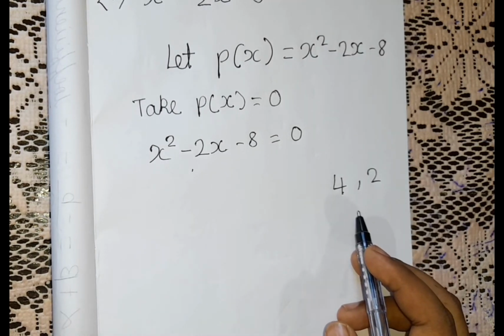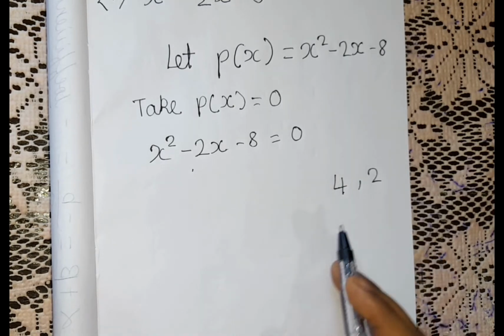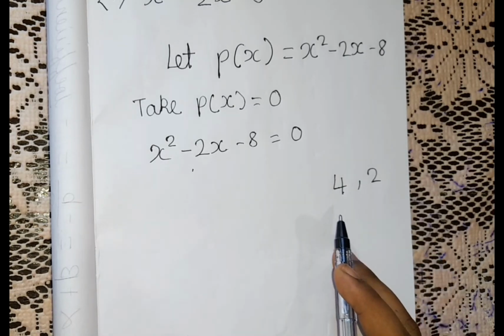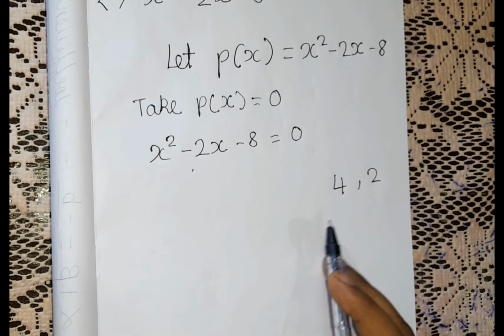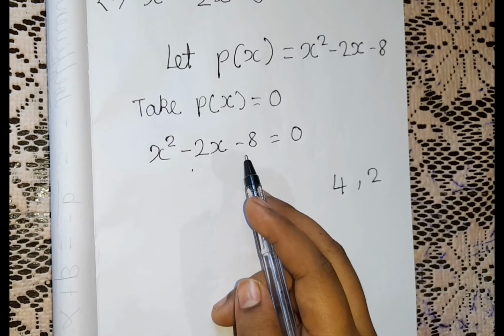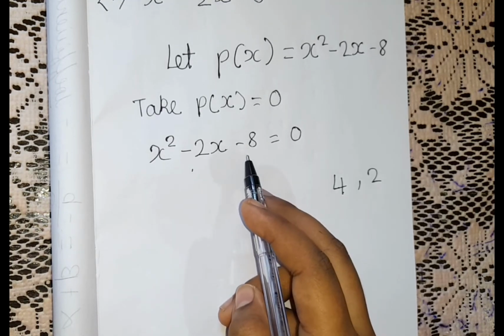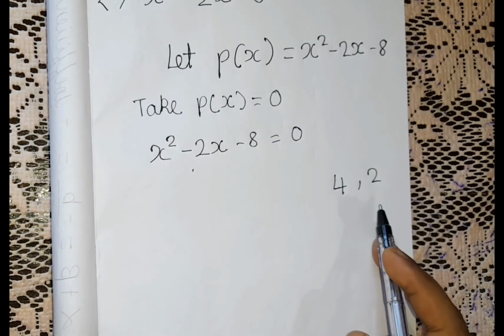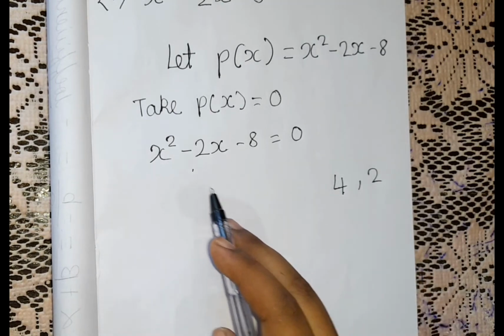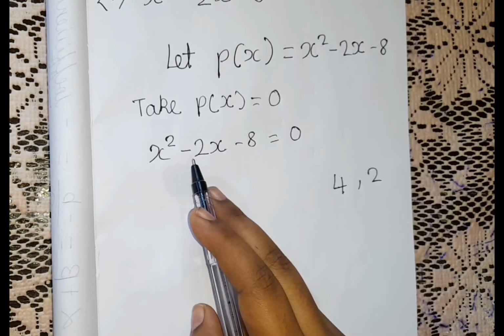Now, as you guys know, 4 2s are 8. You guys might ask, what about the minus symbol or plus symbol? As you can see, here we have minus 2x. We should not take the sign of this minus 8. We are just splitting it as 4 into 2, and we are going to take the sign of this minus 2x. So the sign is minus.